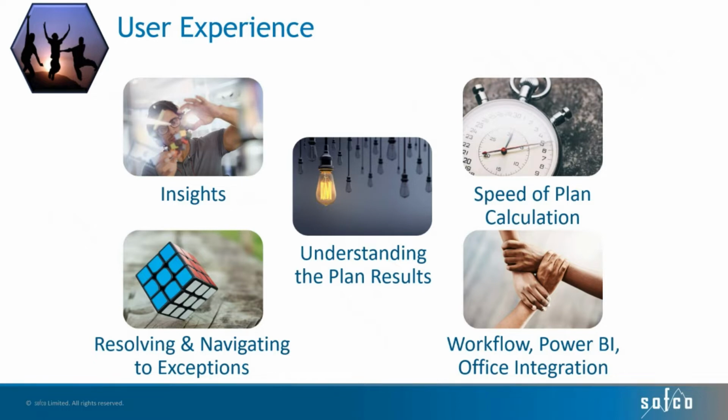I'll talk about this a little later in relation to machine learning. They want to understand the plan results, and they want the plan results developed quickly. And in terms of understanding, they want this in plain English as well. So if a production order is planned on a particular line, why on that line? Why not there? So we have things called algorithm logic explorers, which I will cover slightly later.